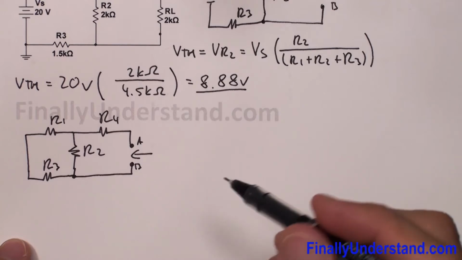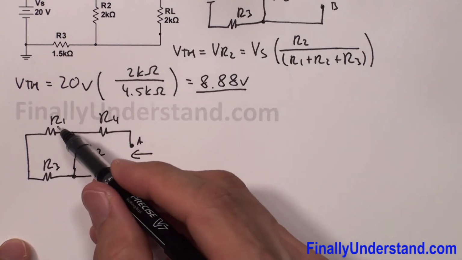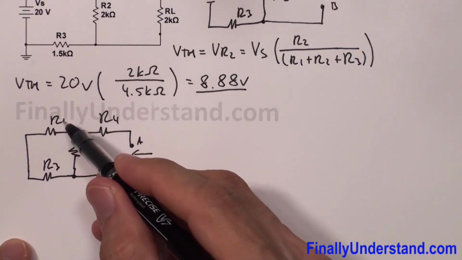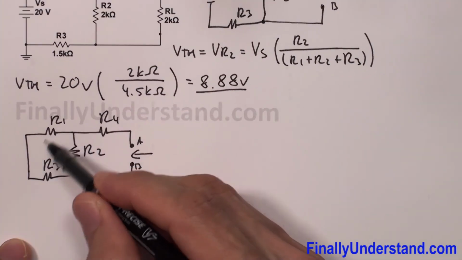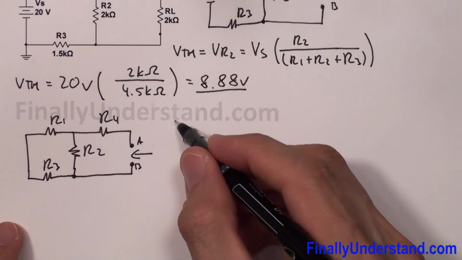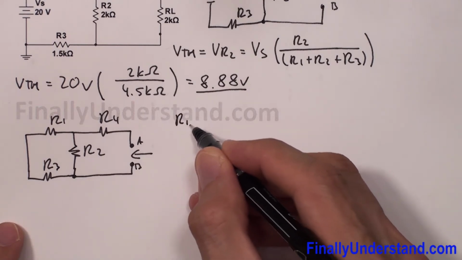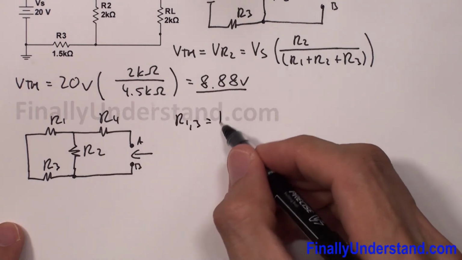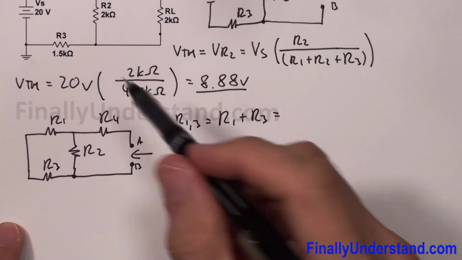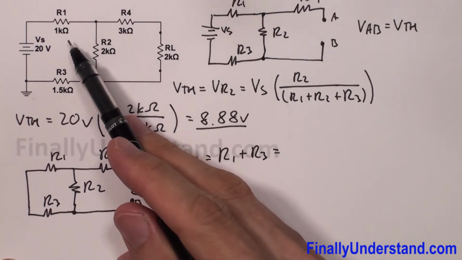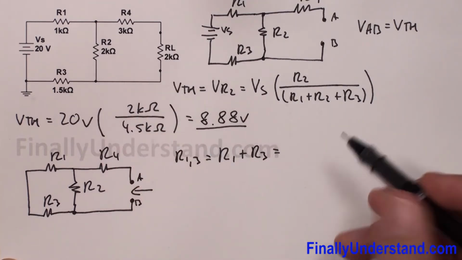So first, please realize that resistor R1 and resistor R3 are in series. So I'm going to find the total resistance of these two resistors first. I'm going to write R1,3. So R1 plus R3 is equal to, R1 is 1 kilo ohm, R3 is 1.5 kilo ohms.